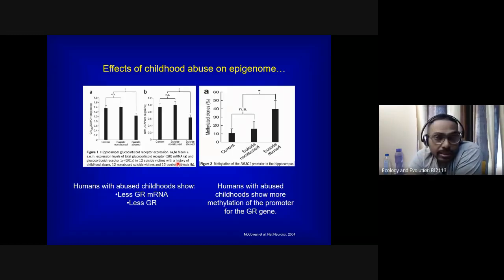Obviously that's not very easily done, but still they ended up getting a reasonable sample size, about 12 in each group. They divided these samples into three types: people who had committed suicide and had an abused childhood, people who committed suicide but had no record of abuse during childhood, and control people who had died of natural reasons, not suicide or anything.